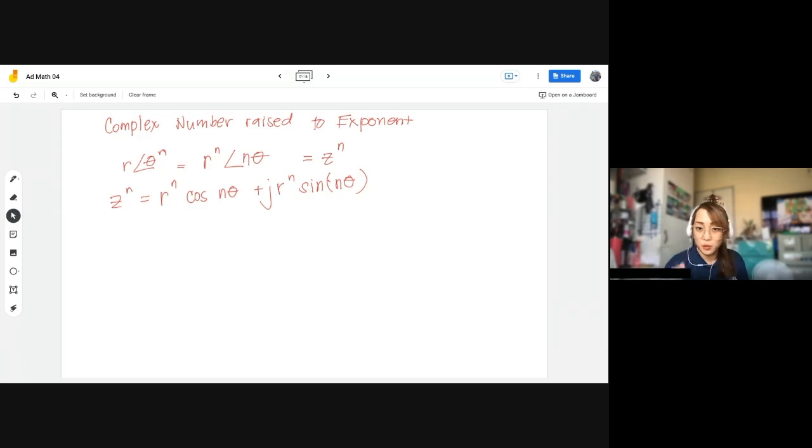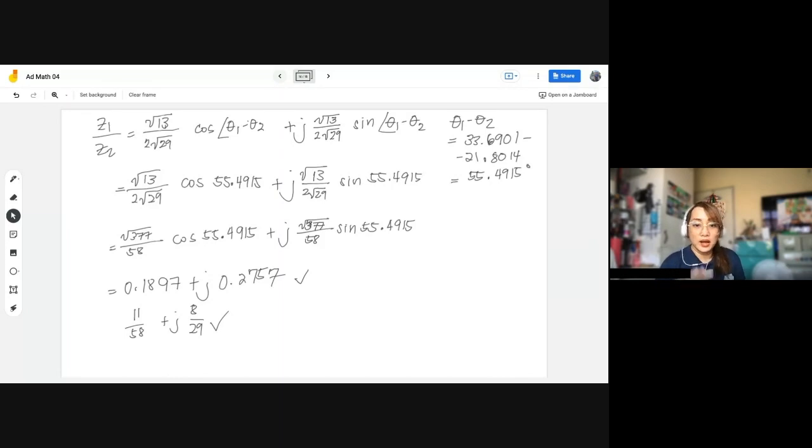If that is exponential form, z to the n is equal to r to the n e to the j n theta. But again, the theta here is in radians. So if we're going to convert, we have square root of 377 over 58, cosine 55.4915, that's our theta.